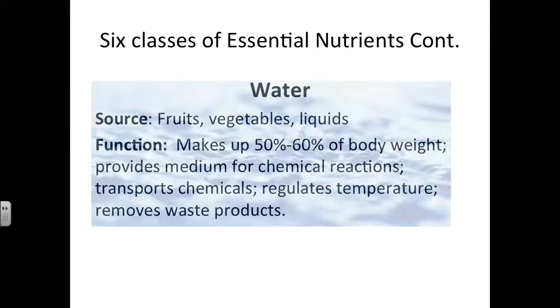And finally, water, which we can get in fruits, vegetables, and the drinking of liquids. Our body is 50 to 60% water by weight, and it provides a medium for chemical reactions. It transports chemicals, regulates temperature, and removes waste products.